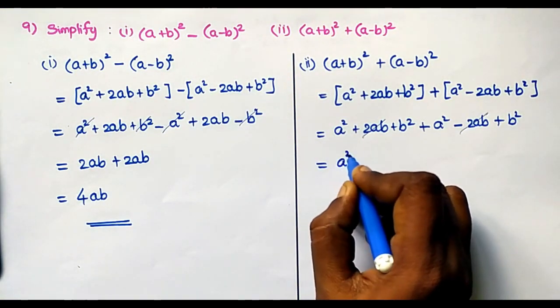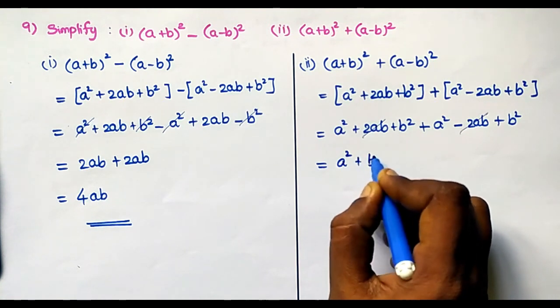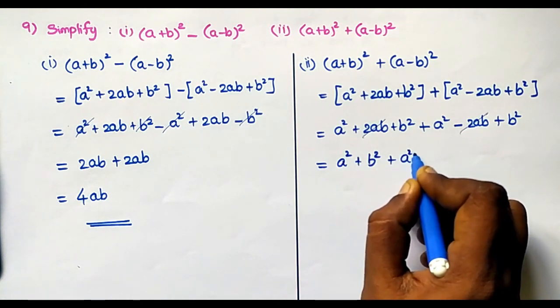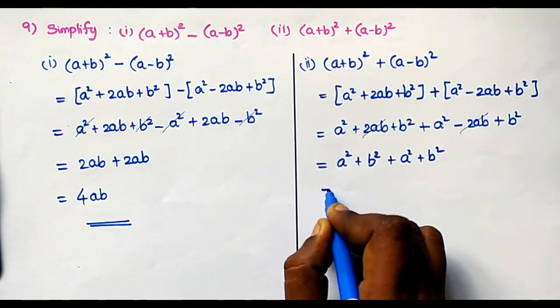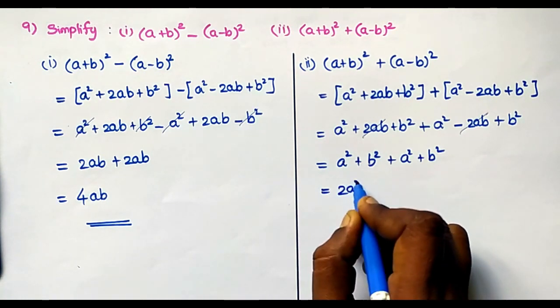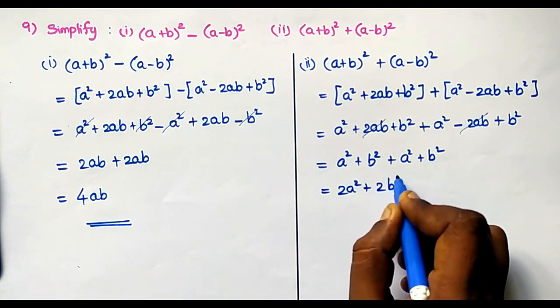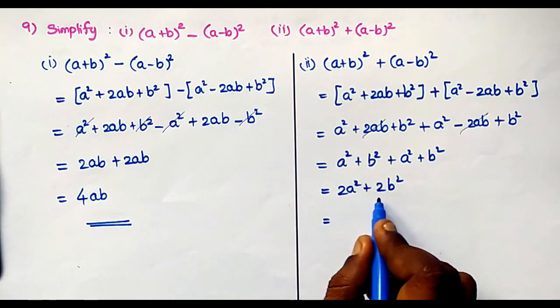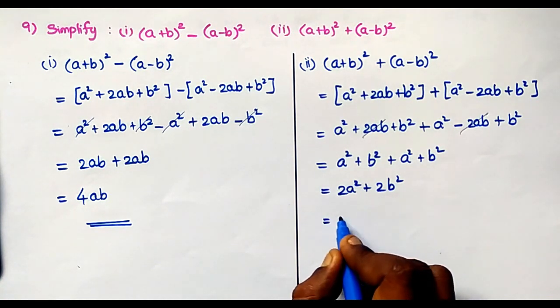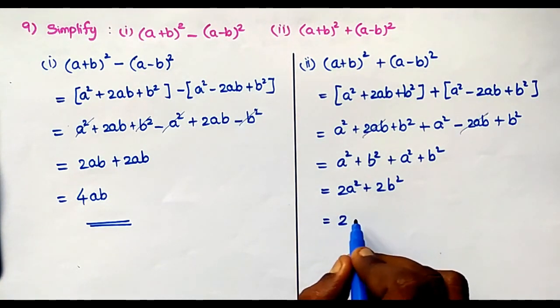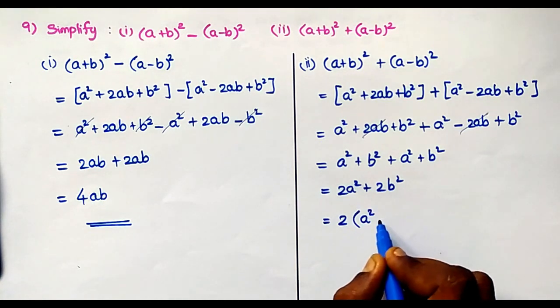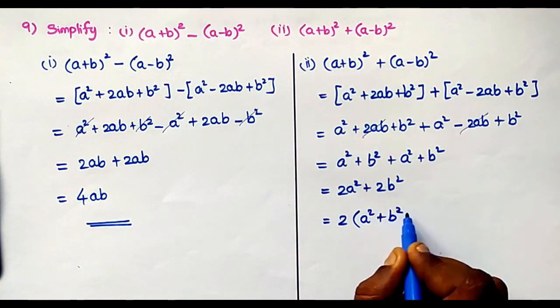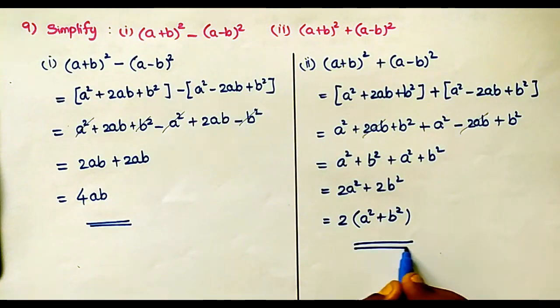We get a squared plus b squared plus a squared plus b squared. Now 2a squared plus 2b squared. Now 2 is common, so taking it as common, we get 2 into a squared plus b squared. So that is the answer.